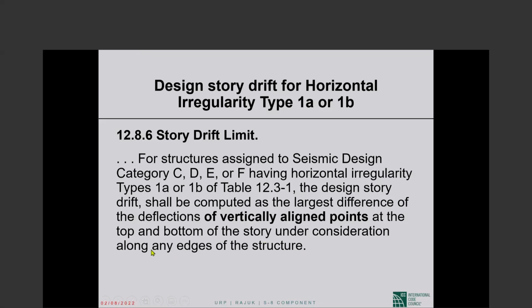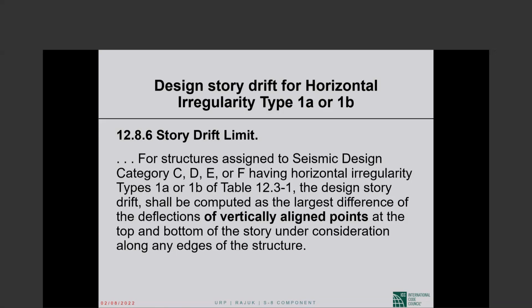Edges, the edges of the building. Because the torsional deflections will be added to the translation caused by the earthquake, and the largest deflections are going to be along the periphery of the structure, along the edges. So we will have to look at the difference of deflections of vertically aligned points along the edges.